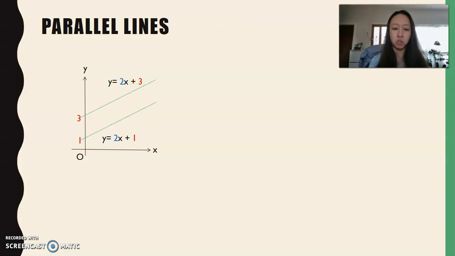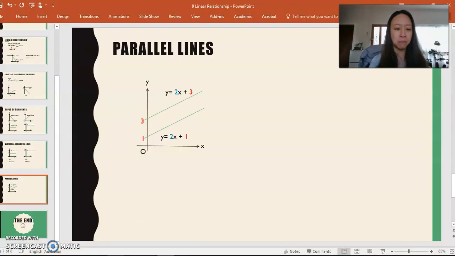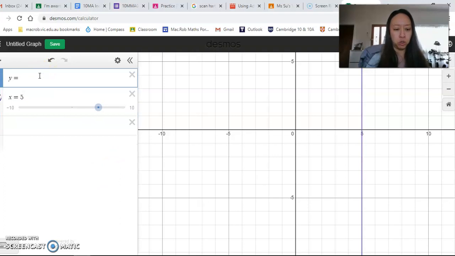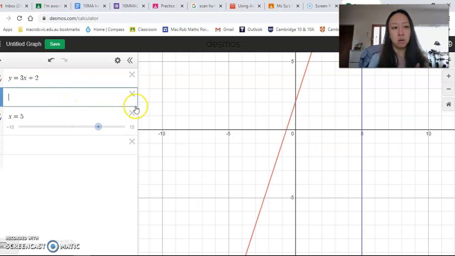So if we go to Desmos and draw something, so let's say I have y equals to 3x plus 2. Yep. So this is meant to be a plus here. So okay, this is my first line. So how do we draw the parallel lines again? So the gradient must have the same value.